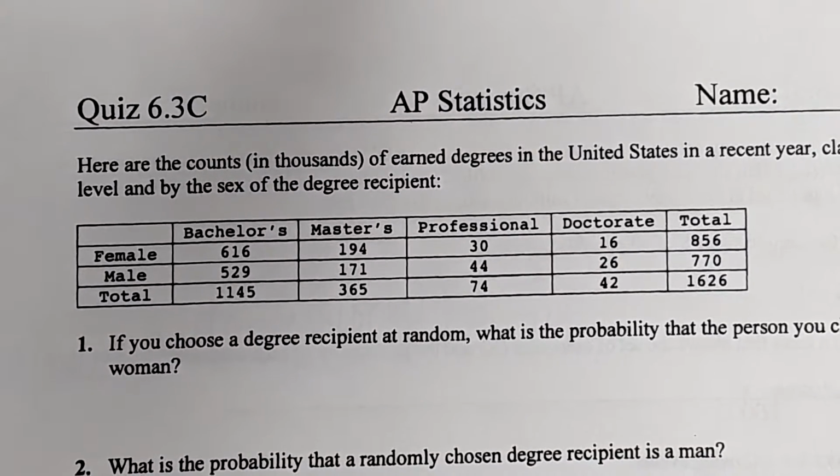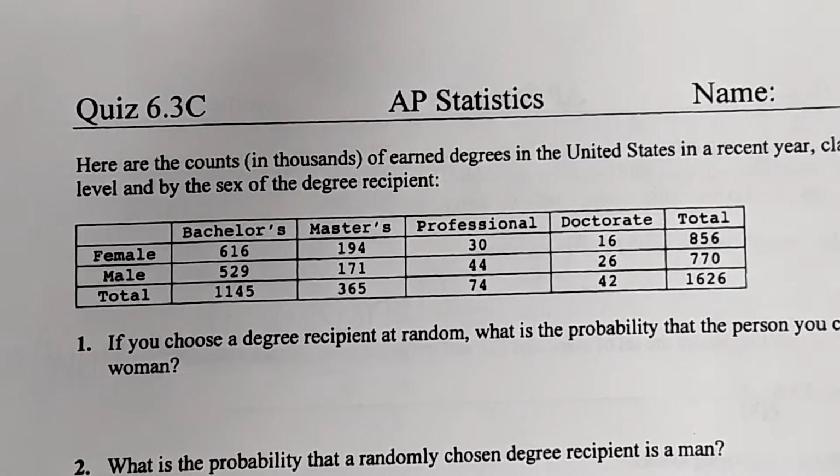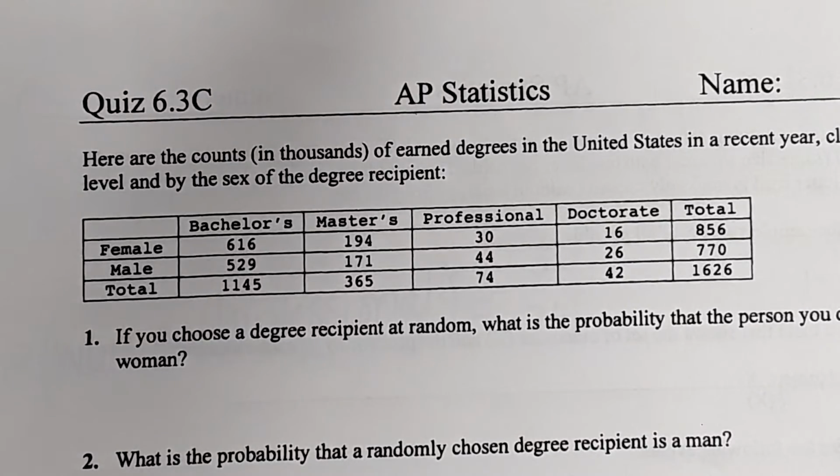Okay, now the question is, what is the conditional probability that the person chosen received a bachelor's degree given that they were a man? So how are we going to write that one? Because now given that they are male, it'd be 529 divided by 770.